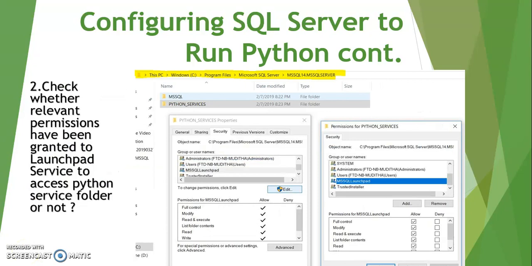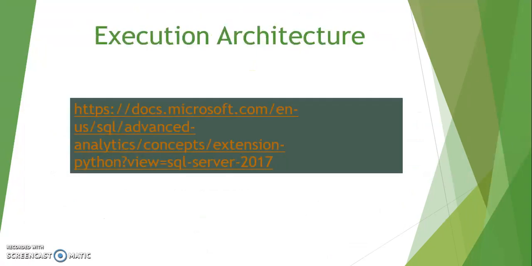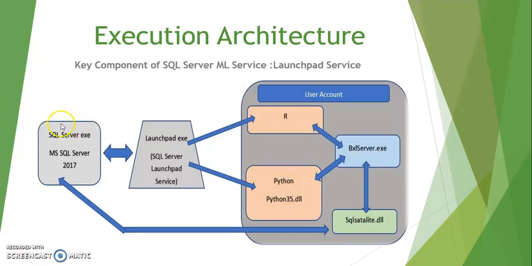Here we need to check whether the relevant permission has been granted to the Launchpad service to access the Python service folder. If we go back to the architecture diagram, there I mentioned that the Launchpad service manages communication between SQL Server and the Python launcher or the Python process. To do that, the Launchpad service needs relevant access permission to access this Python folder or the Python service.